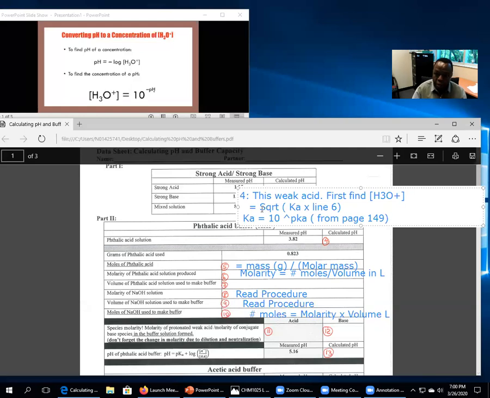So once we know the hydronium concentration, you will now say, therefore, pH is given by the negative log of the hydronium concentration. That is how I will find the pH for the phthalic acid.